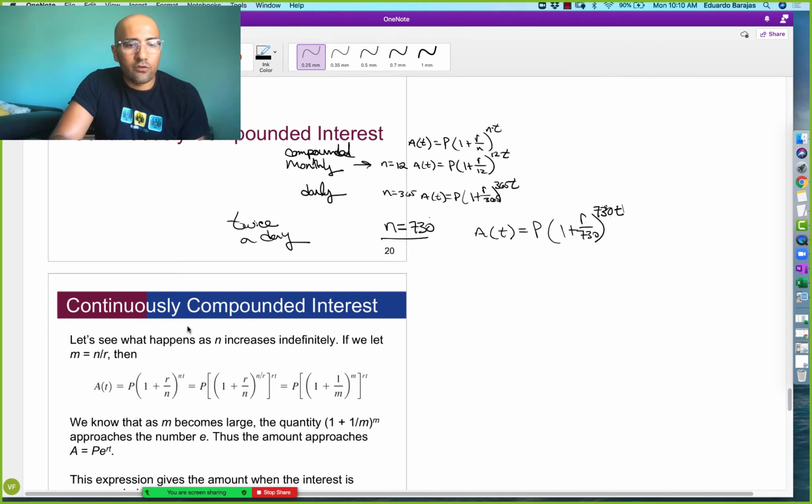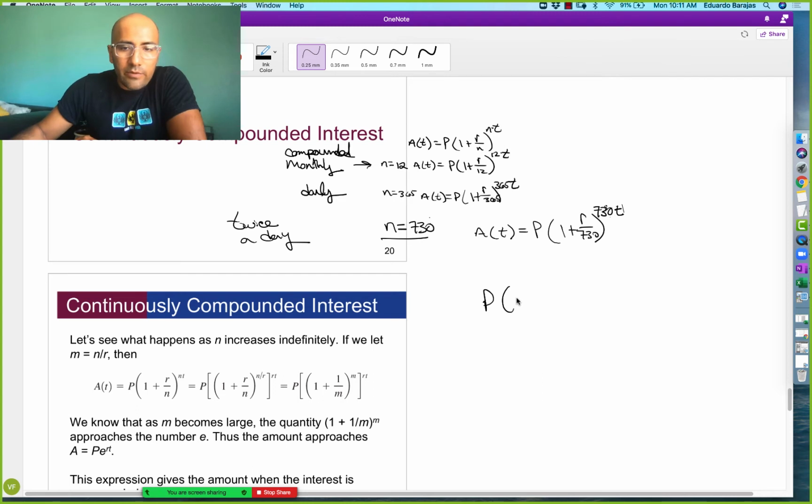We're taking our original formula, and we're thinking about what happens as n goes to infinity. But before we do that, it's useful to do this kind of manipulation. We have P times 1 plus r over n, raised to the power of nt.